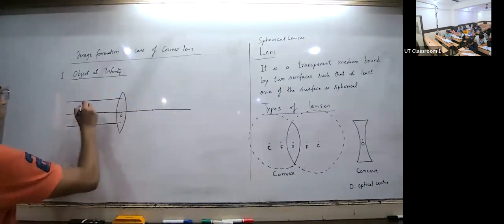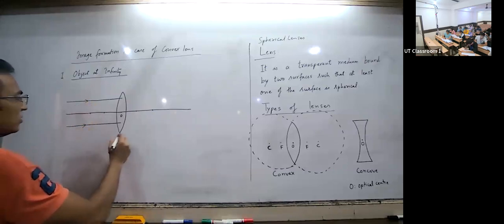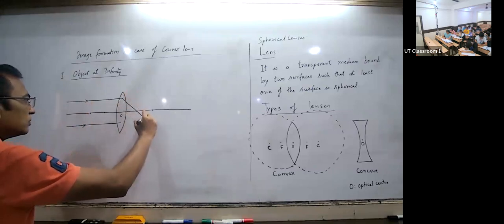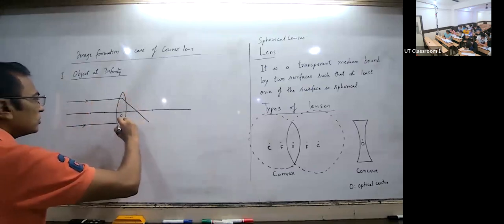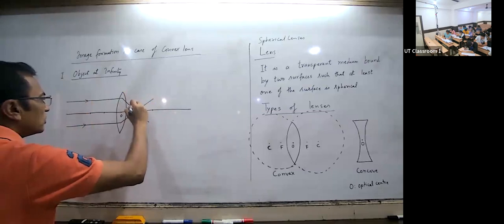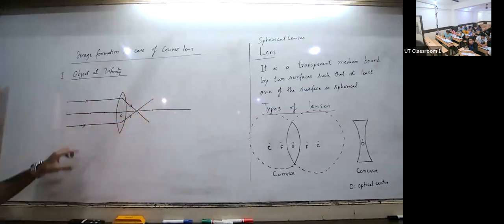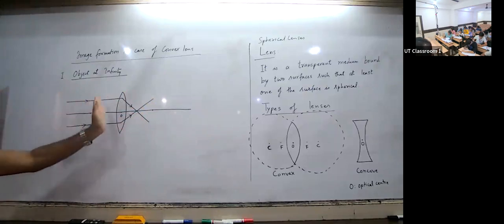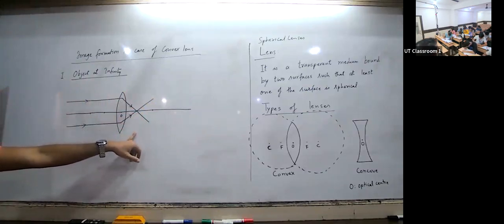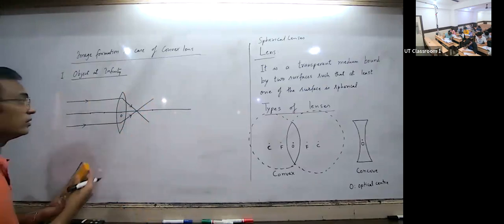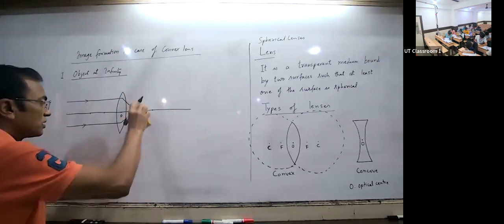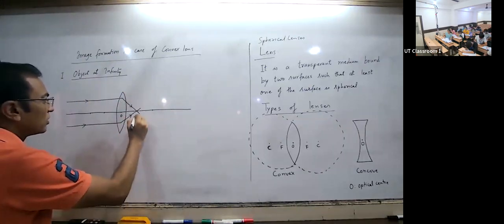So where will the parallel rays converge? At focus. Incident ray on the front of the lens, refracted ray on the back of the lens, right? So where are the refracted rays converging? At focus. Now you can mark it.